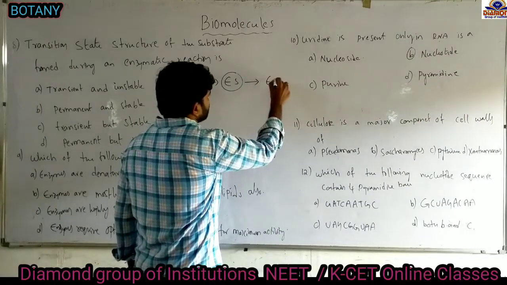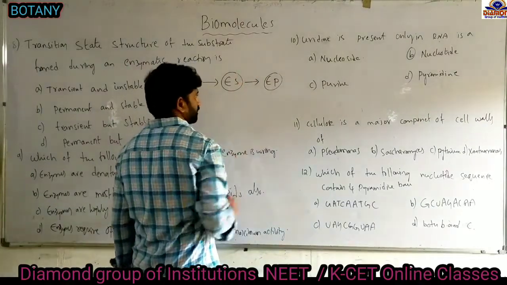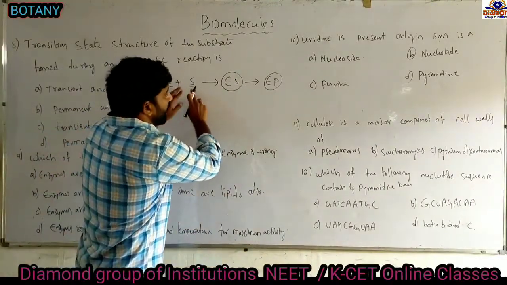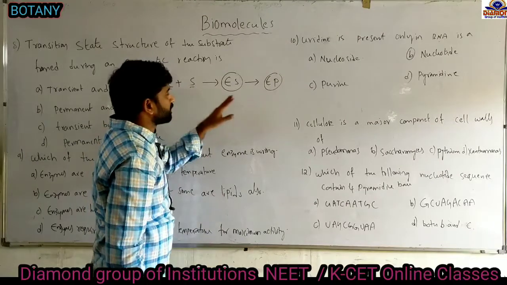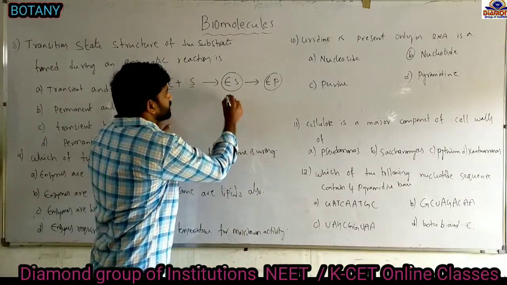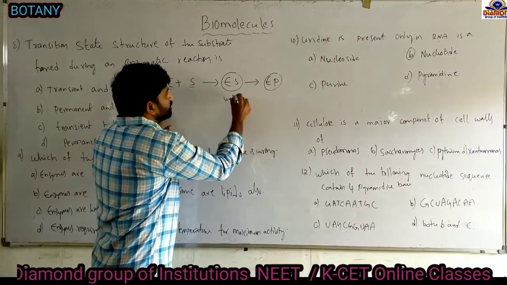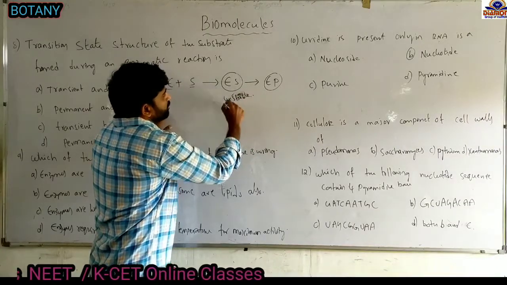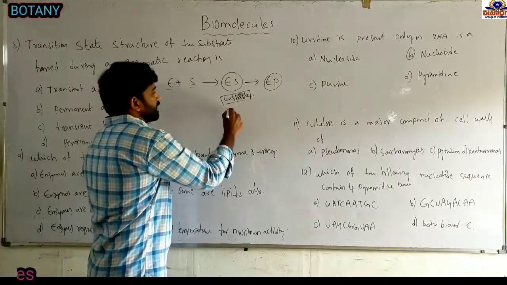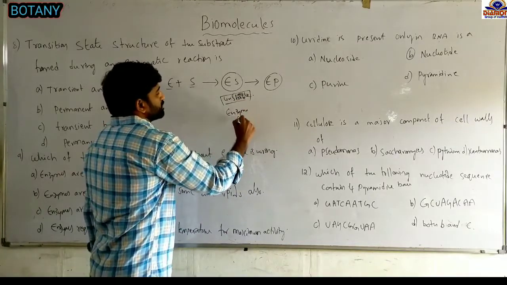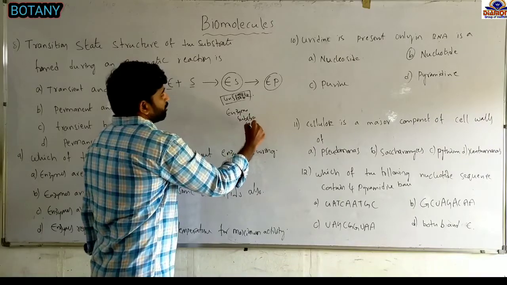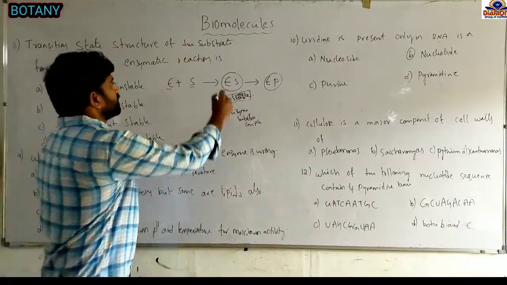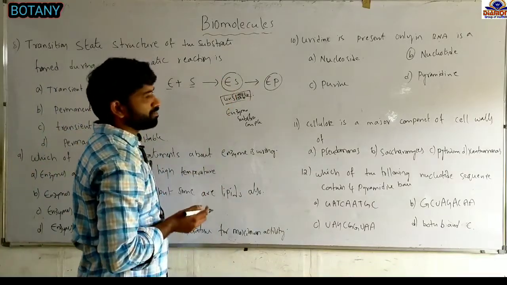Later this enzyme substrate complex becomes enzyme product. So enzyme plus substrate combine together to form an intermediate or unstable component we call the enzyme substrate complex. This enzyme substrate complex is later converted into the enzyme product.